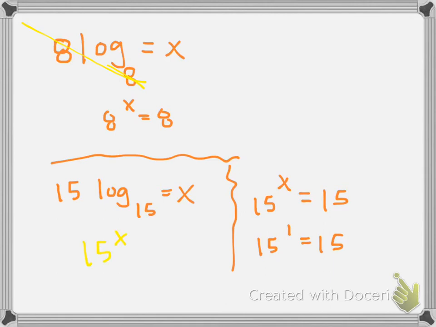If you have a 15 and a log of base 15, they cancel each other. That's how exponentials and logs are inverses of each other.